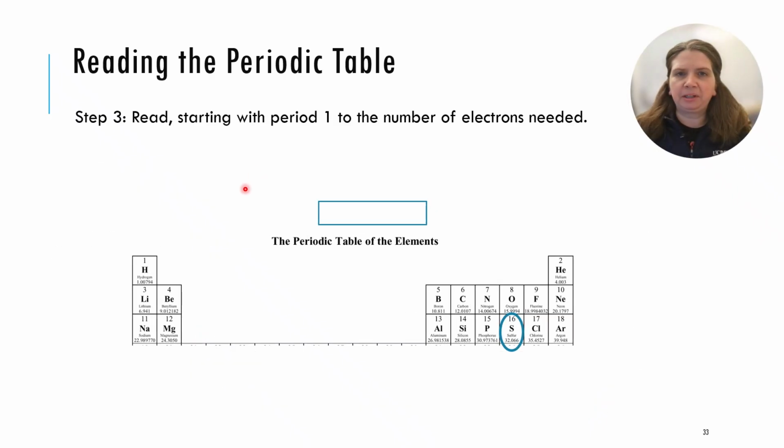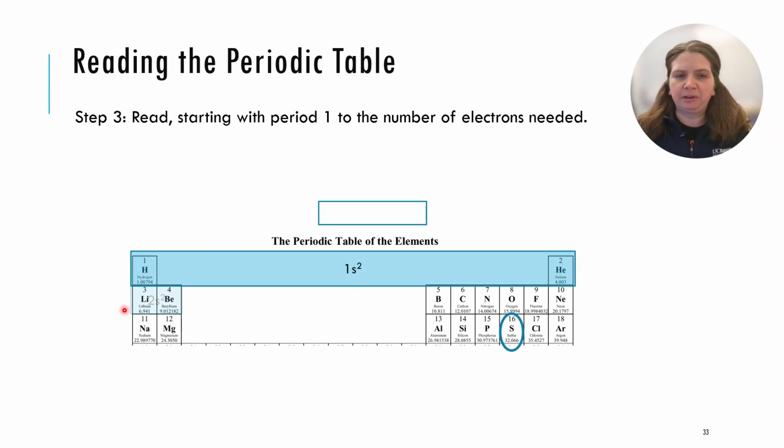Now we read the periodic table like a book, from left to right, top to bottom, stopping once you reach the 16th electron. The top row is read as 1s2. Then we come down to the second row and we read that as 2s2. Coming over to the P block, that is the 2p, and we cover all 6 columns for 2p6.